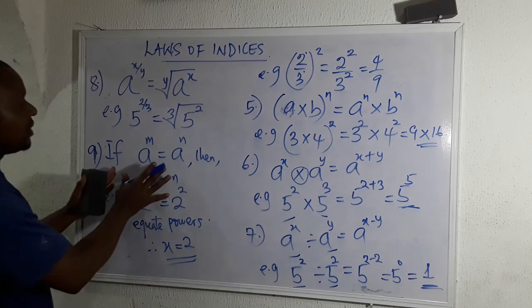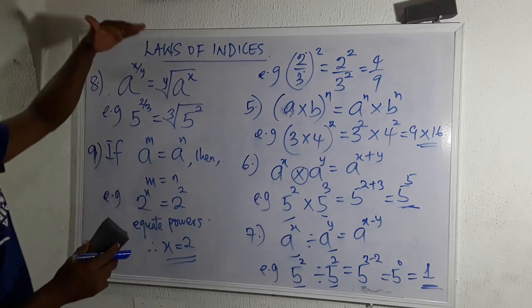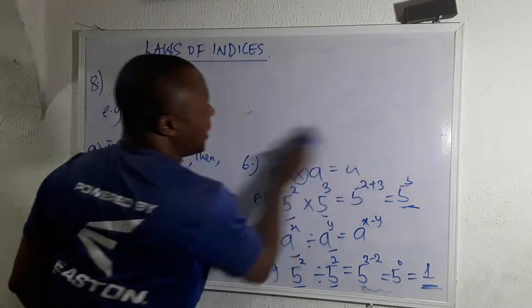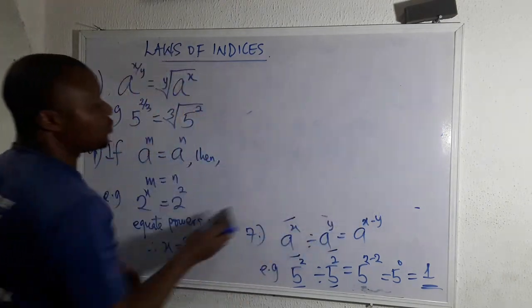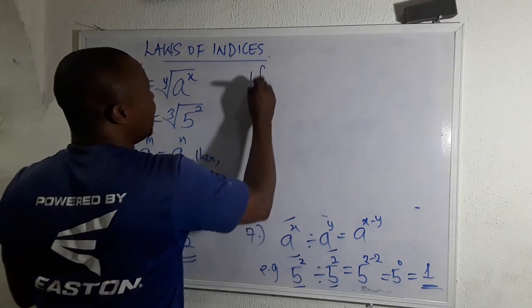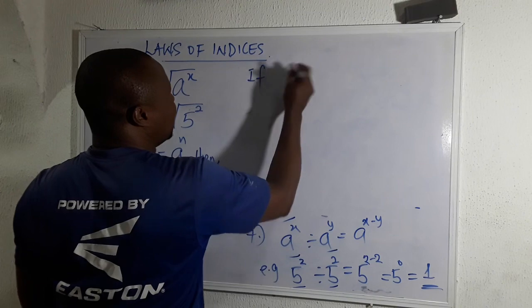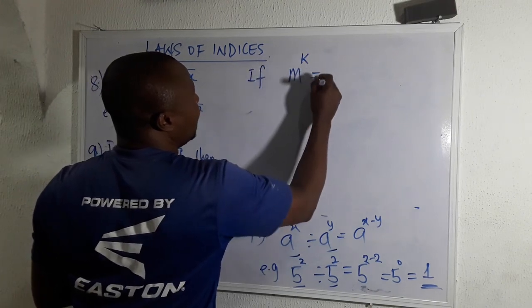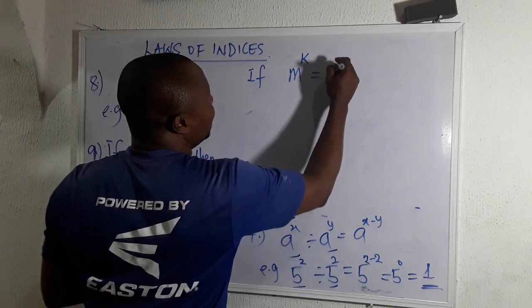Now, another case here is when the powers are the same and the base are different. Now we can have a case where we simplify a problem and then we arrive at something like this. If I arrive at something like this, m raised to power k is equal to n raised to power k.